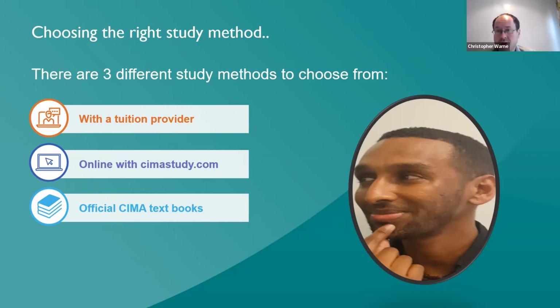Although the syllabus brochure that details the topics of the certificate level is free for you to access on our website, you do need an additional resource to flesh it out. Now, you have a choice in this, and this is something that you will have to pay a fee for. So you can either study with a tuition provider, you can study online with CIMA Study, or you can study with an official textbook.